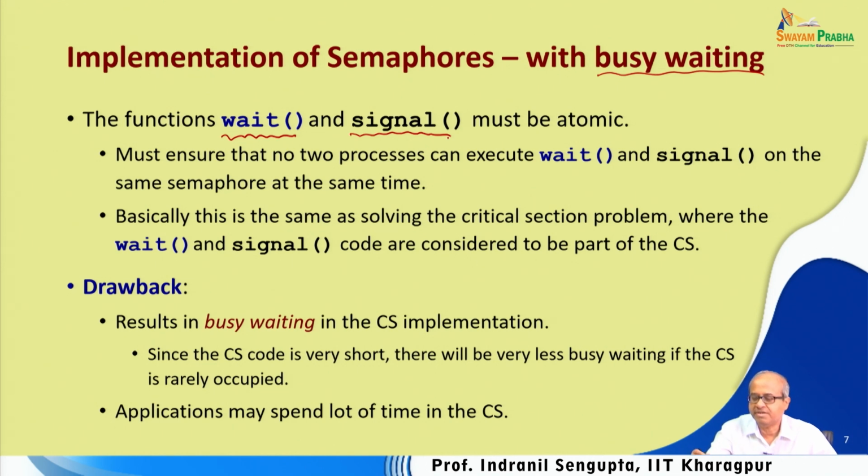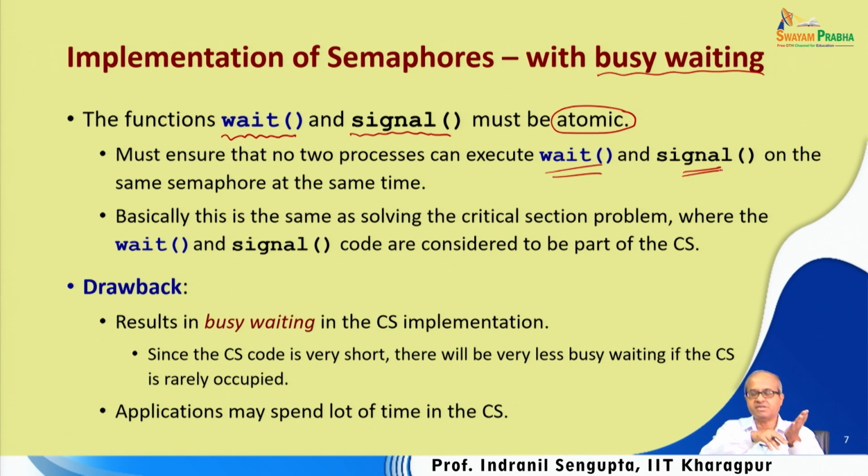The most important thing is that both these functions must be atomic, because unless they are atomic, you cannot ensure mutual exclusion or correctness of operation. So, you must ensure that two or more processes must not execute wait or signal on the same semaphore at the same time.